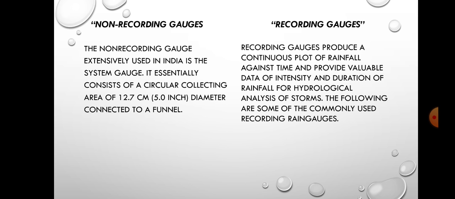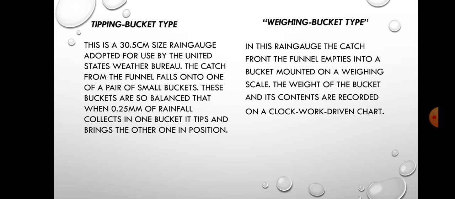It essentially consists of a circular collecting area of 12.7 cm or 5.0 inch diameter, connected to a funnel. Recording gauges produce a continuous plot of rainfall against time and provide valuable data on intensity and duration of rainfall for hydrological analysis of storms.